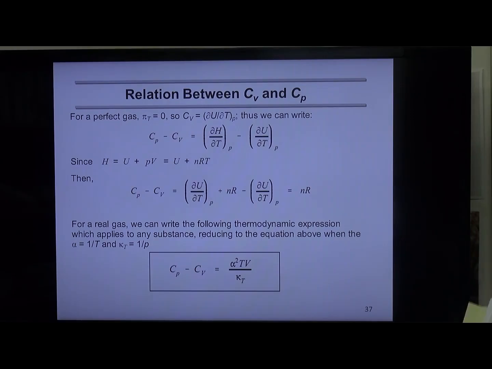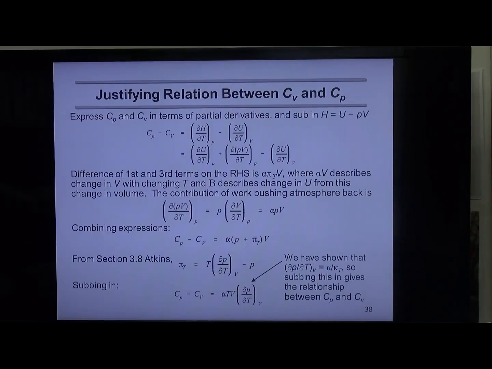For real gas, we can get much more complicated expressions, but I'll just skip that part. So if you want to know about the general expressions for the difference between Cp and Cv, you can do the derivation. But I'm not going to go over this part. All right. That's the end of chapter 2.